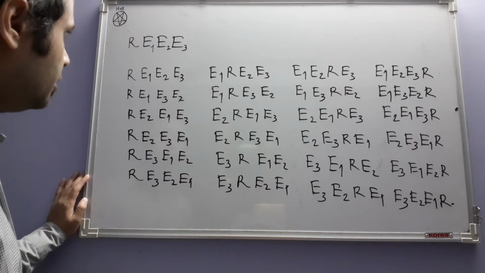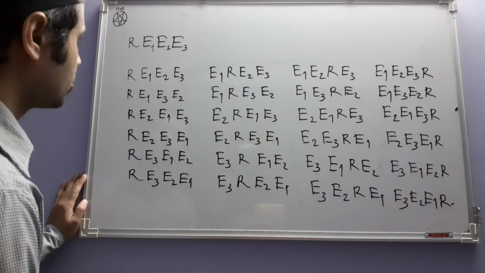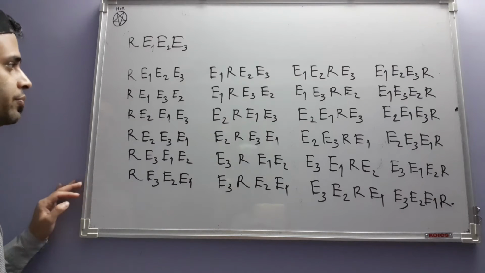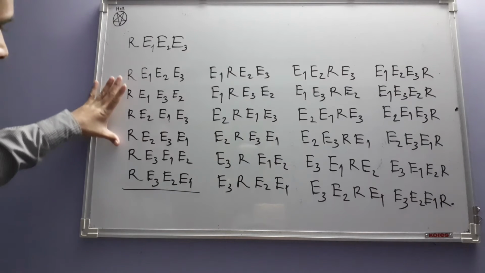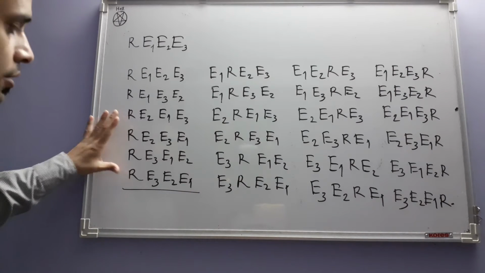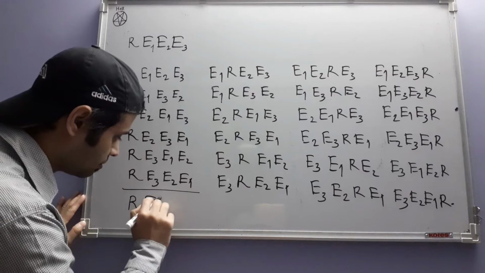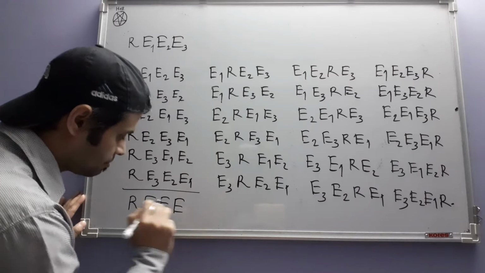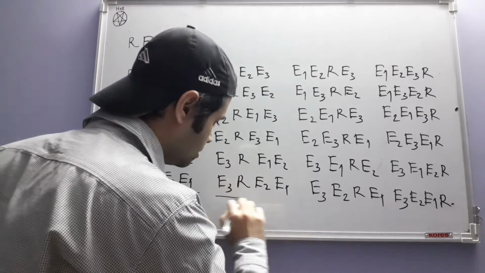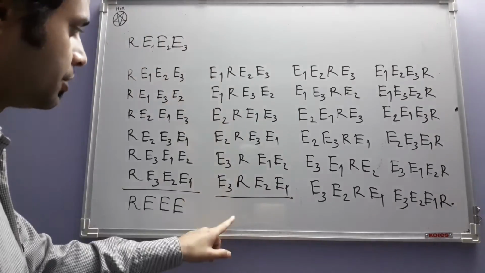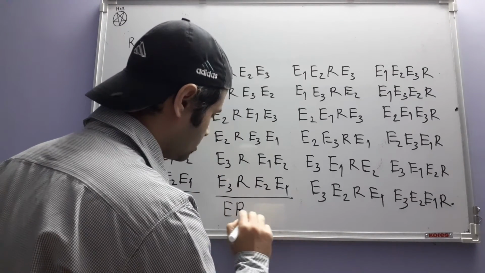Now you can see that if we do not consider them as distinct, if we consider them as the same, then in the first column, these 6 permutations that we have got actually give me only one permutation. If we do not distinguish among the E's. Here also, these 6 permutations give me only this.